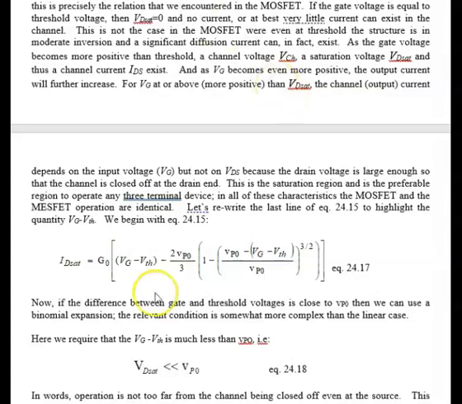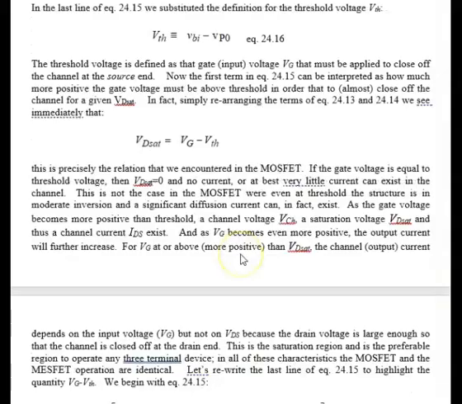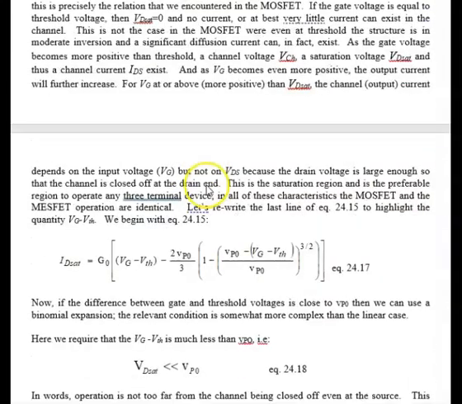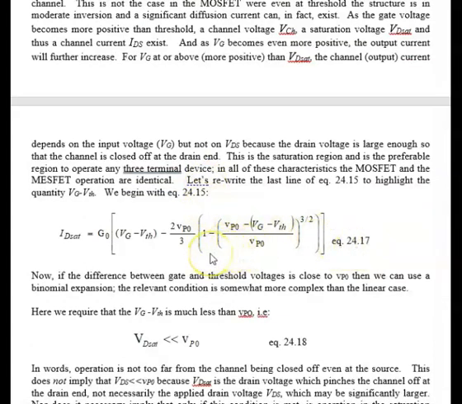Okay, so let's trudge on again. We take a look at the last line of equation 2415 right here, and we rewrite that. It's 2417, and now we're saying if the difference between the gate voltage and threshold voltage, this difference right here, is close to VPO, then we're going to use a binomial expansion to see what that takes us. So this term is going to be very small. So this is the term we're going to expand.